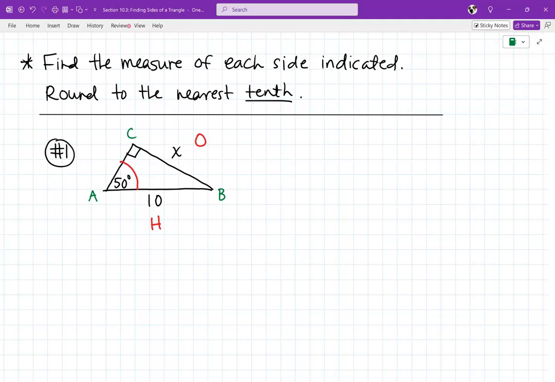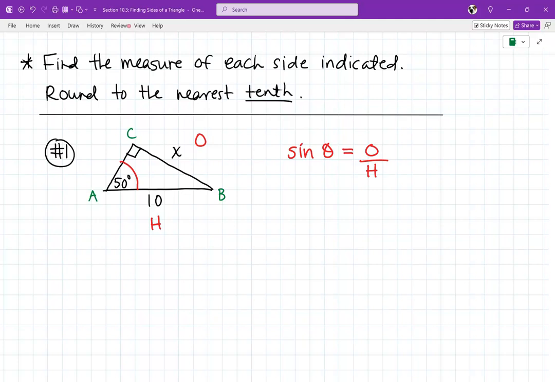Now I have to ask, what trig function deals with opposite and hypotenuse? That's my sine. I'm just going to write it out: sine of theta is equal to opposite over hypotenuse. Notice they didn't tell me to use that function. I had to figure it out by using the angle they gave me and labeling the sides that were given.